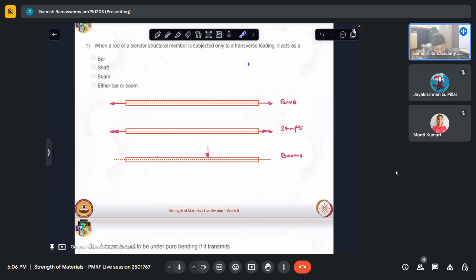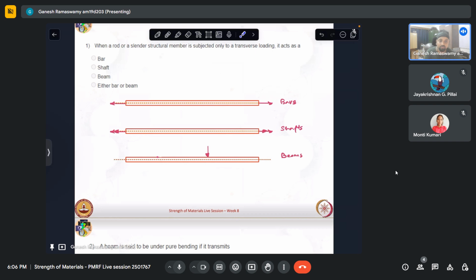Basically, we have the stress as strain into E. We saw this expression, the change in length as PL by AE, which was applicable to bars.